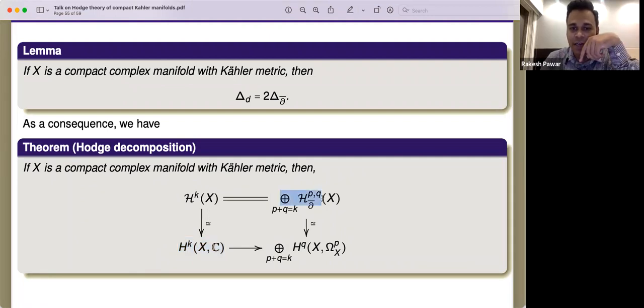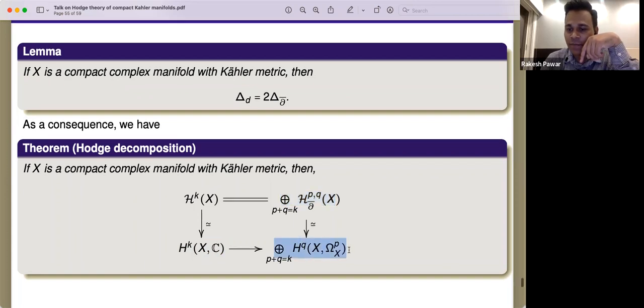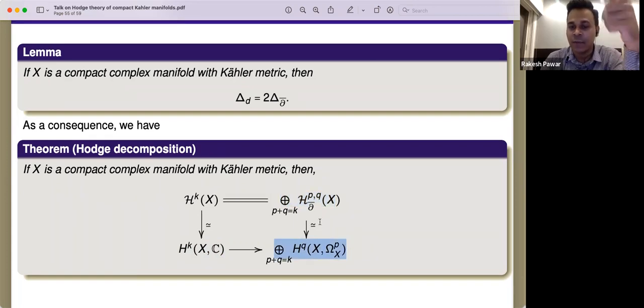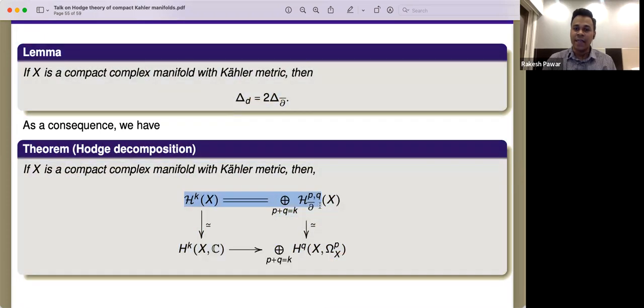On the other side, we identified this piece by piece by applying the decomposition theorem for elliptic operators to the Laplacian coming from Dolbeault. Because of this identity, H^k(X) will identify with the (p,q) type harmonic forms. This exact equality will happen because of this identity.